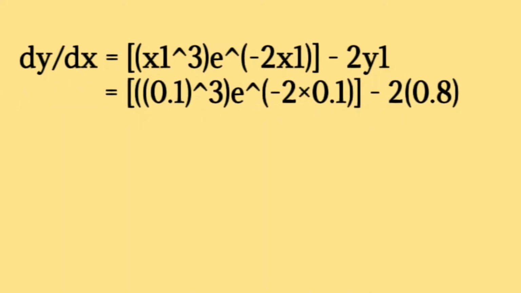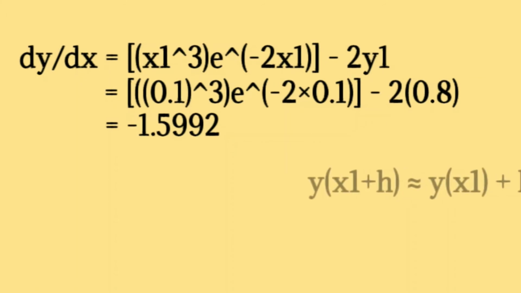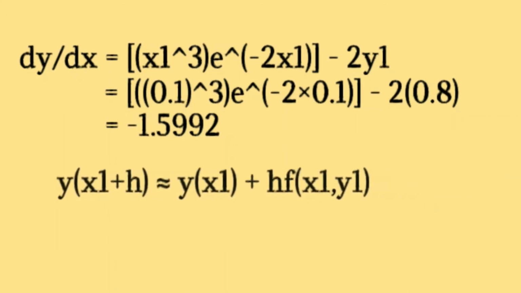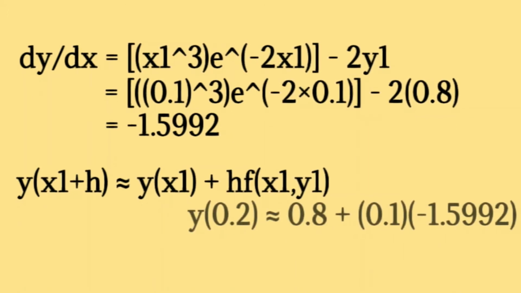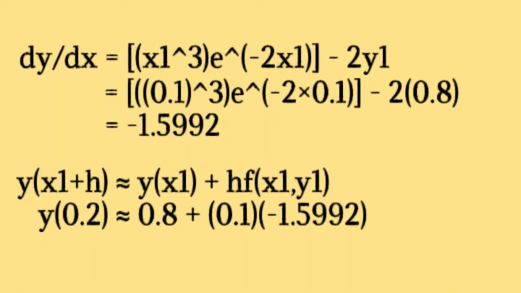The derivative we will get is -1.5992. Once again, we substitute our current point and the derivative just found to obtain the next point along. Our y(0.2) will be 0.6401.